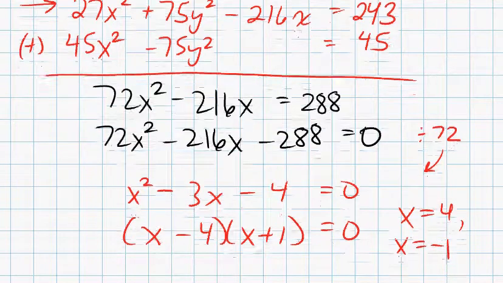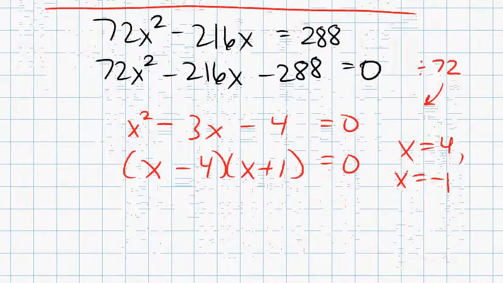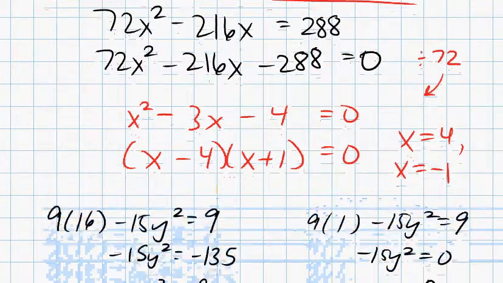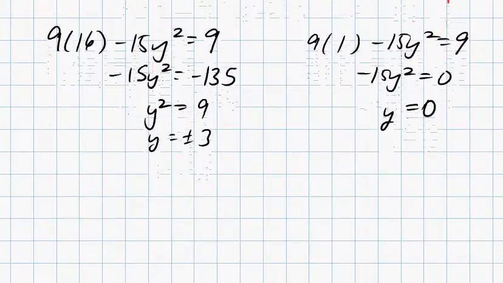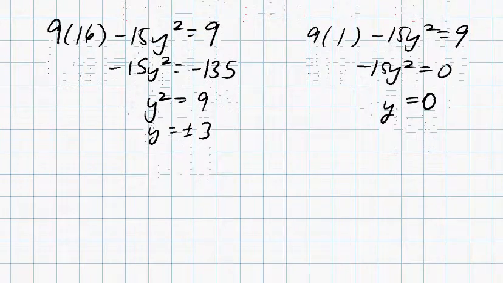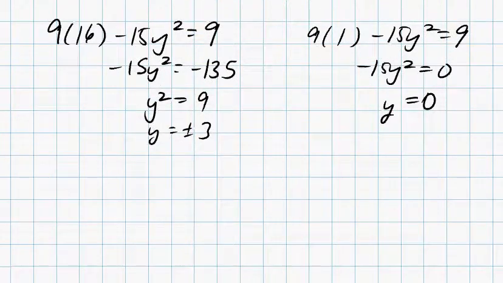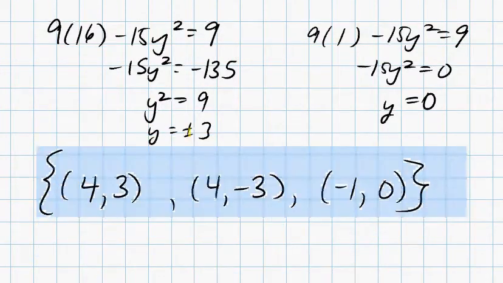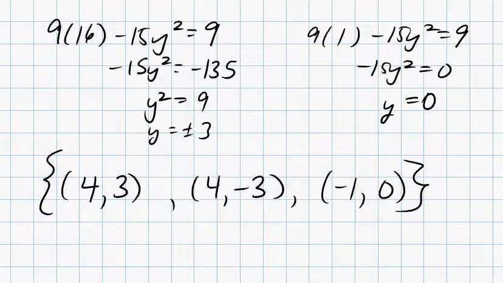And when you plug in those two x values, you get some y values. You get y values of positive and negative 3 and also 0. So you have to write down all of your points. Your solution set is the points 4, 3, 4, negative 3, and negative 1, 0.